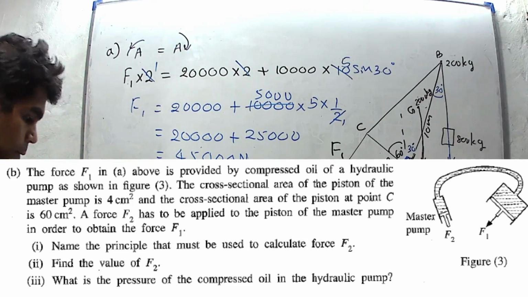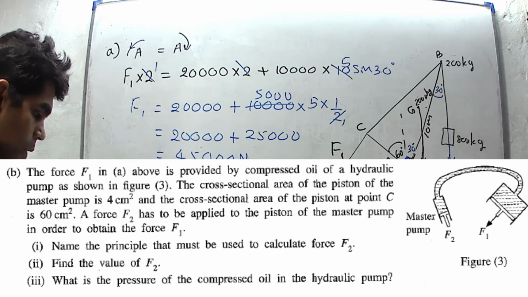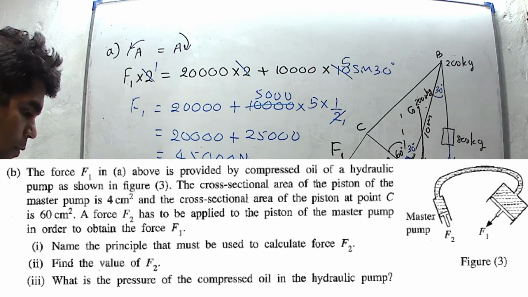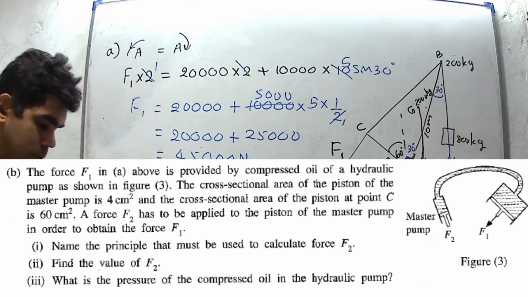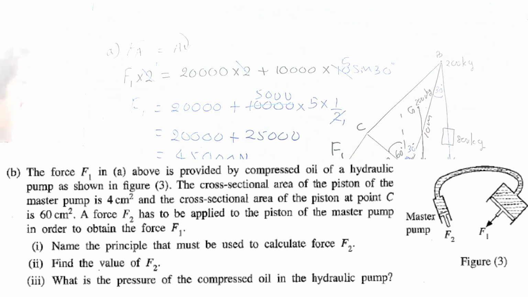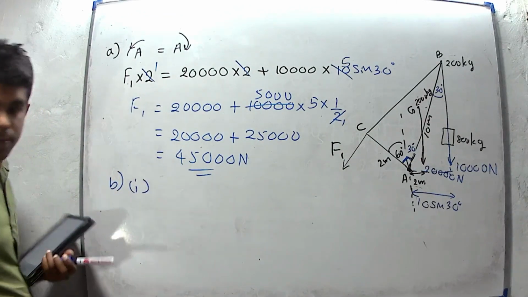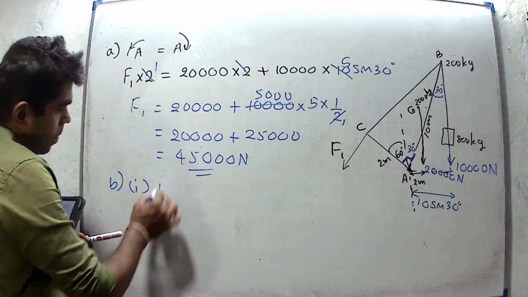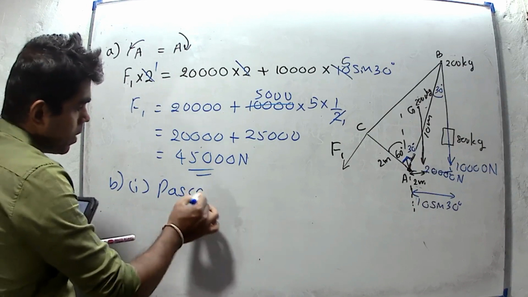The force F2 has to be applied to the piston of the master pump in order to obtain the force F1. Part 1, name the principle that must be used to calculate the F2 force. We have to use Pascal's principle.